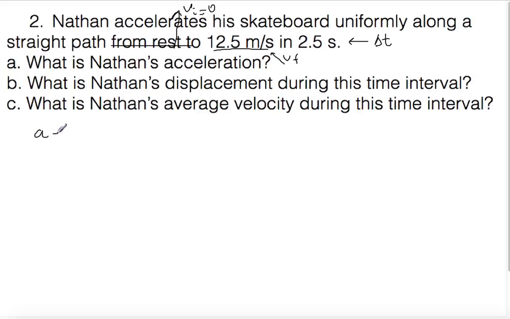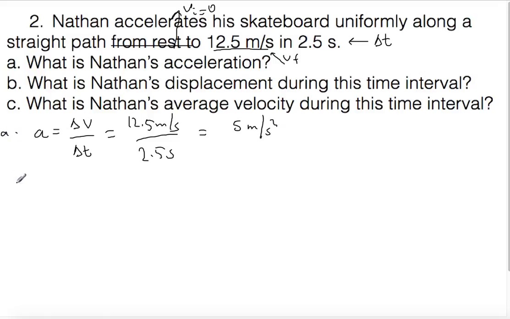Again, acceleration equals change in velocity over change in time. It starts from rest, so the initial velocity is 0, and we just write the final velocity, because change in velocity equals final velocity minus initial velocity. 12.5 meters per second over the total time of 2.5 seconds, so acceleration is 5 meters per second squared.